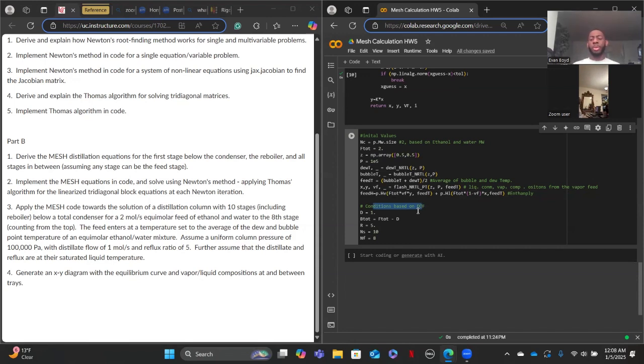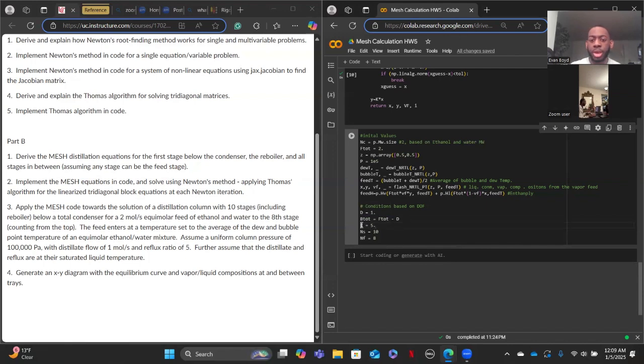For the requirements, we list how much is coming out of our distillate: 1 mole per second, I think. We also calculate our bottoms, which is equal to our total feed coming into the distillation column minus our distillate, so we were able to calculate the bottoms total.